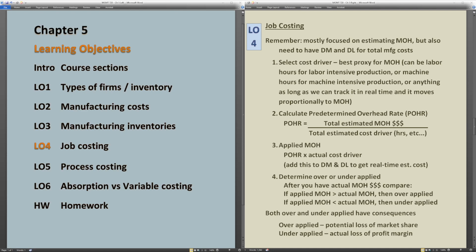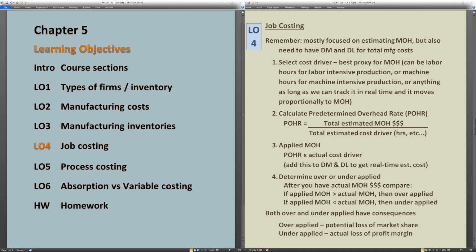Maybe something like machine hours, how long we run the machines, is more of a direct relationship with the costs for manufacturing overhead, and the proxy we selected could be machine hours. Whatever we select, it should be anything that we can track in real time, and it should move proportionally to the manufacturing overhead.